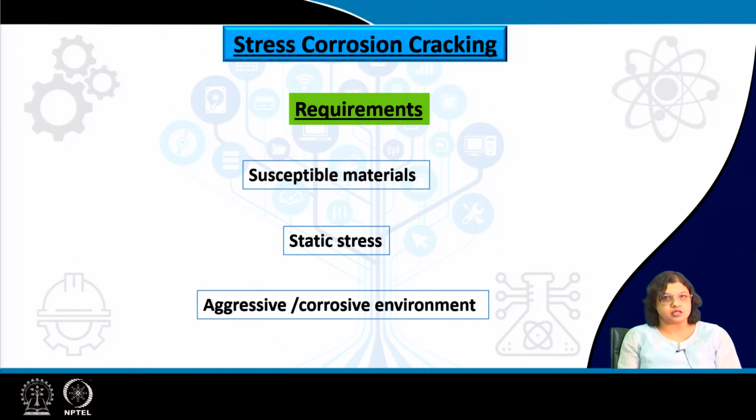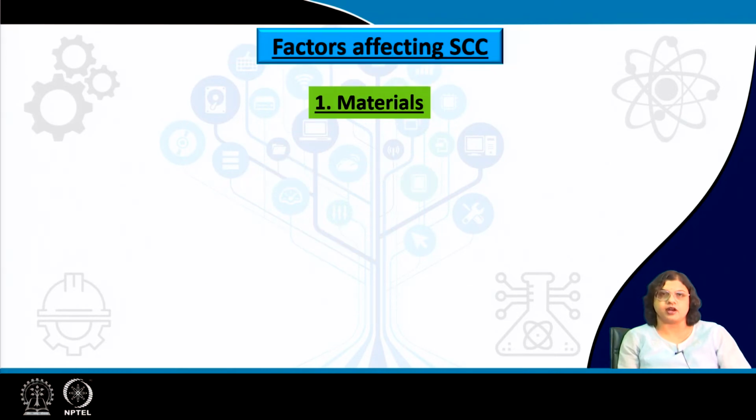If we have just a susceptible material, but not an aggressive environment, that may not lead to any cracking at all. On the other hand, if there are susceptible material as well as aggressive environment, but there is not enough amount of stress present there, that may lead to some amount of corrosion, but that may not lead to the cracking and the fracture. So, we need all these three conditions to act simultaneously to materialize the stress corrosion cracking.